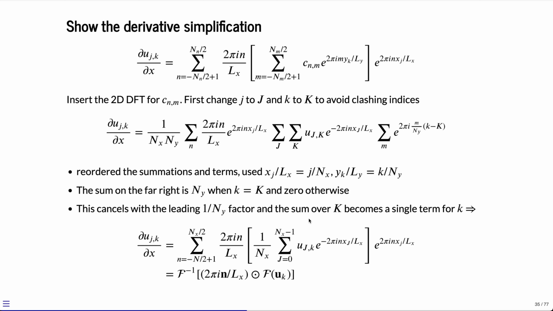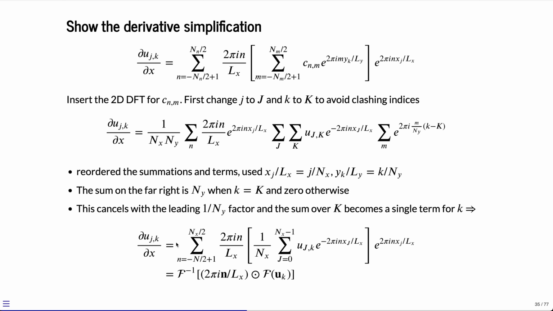And so that's convenient. And then the sum over big K right here becomes a single term because we need big K to be equal to little k. Everything drops out except for when big K equals little k, so this becomes a single term. We just dropped out 2 of these summations, which is great.